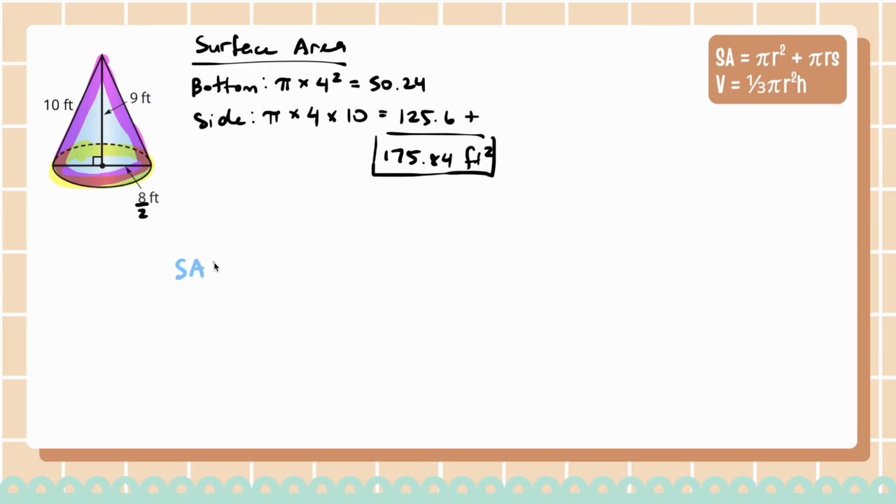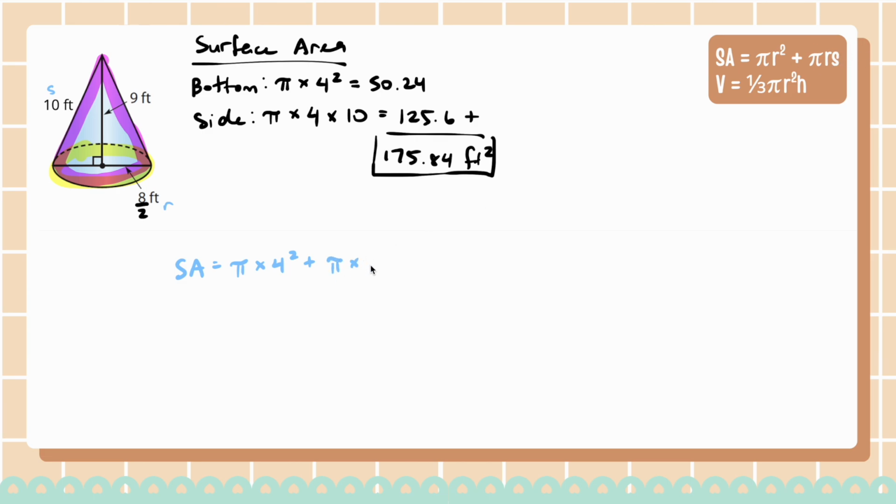Now, if I want to try applying this formula over here, it's going to be the same exact thing. So I'm going to start off by labeling my dimensions. So I have r and s. So remember, this was my r, and then here was my s. So to plug that into the formula, I start with pi times r squared. So that's going to be pi times 4 squared. We're going to add that to pi times r times s.